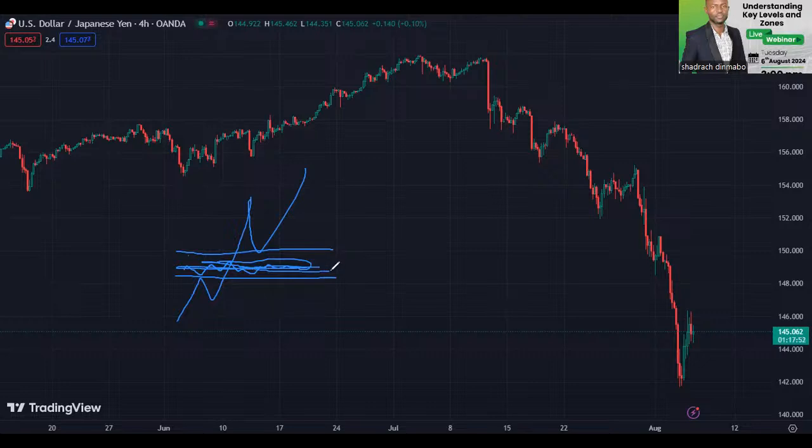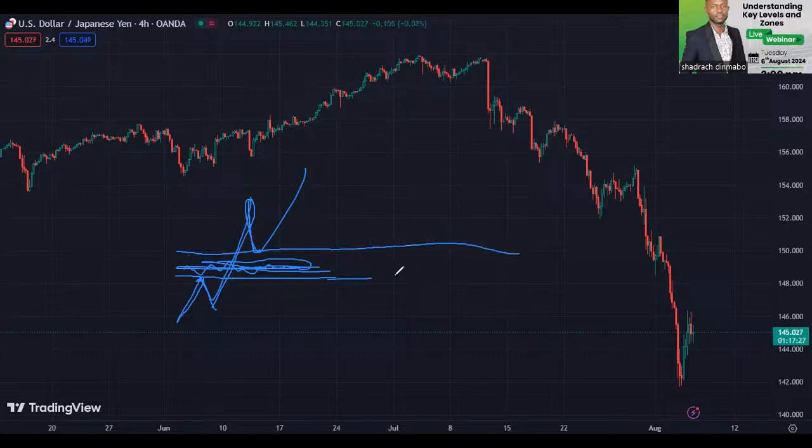So a zone that has been tested as a resistance, like this one coming in: on getting to that point, it dropped. It succeeded in breaking it, came back, and retested that point. Such a scenario, a zone like this, is what I call a key level.